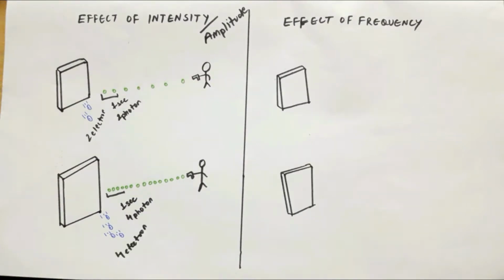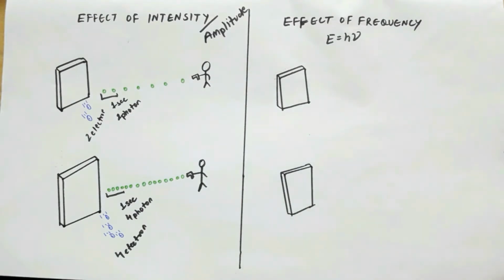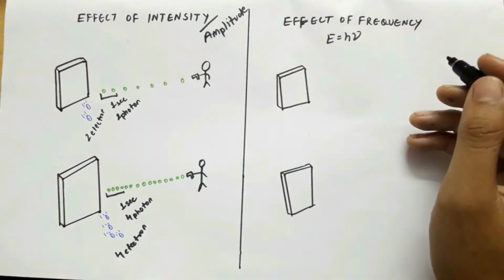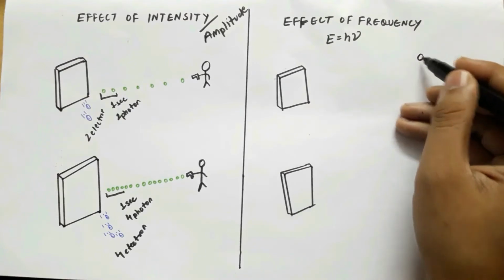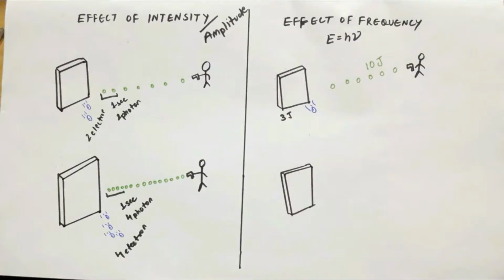Effect of frequency. If we increase the frequency, then the energy of the photon will also increase. If you are shooting a photon with an energy of 10 joule, and the work function of the metal is 3 joule, then the kinetic energy of the ejected electron will be 10 minus 3, 7 joule.